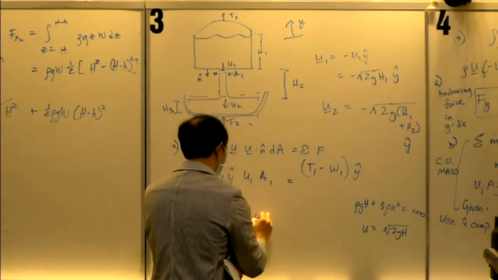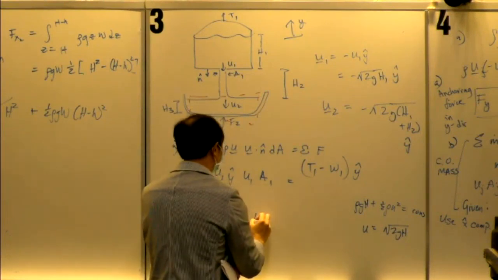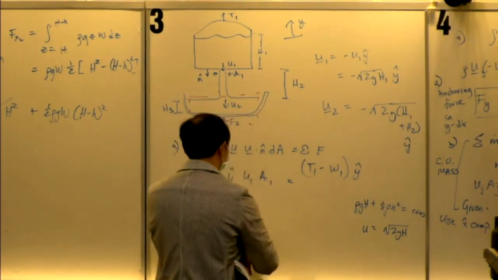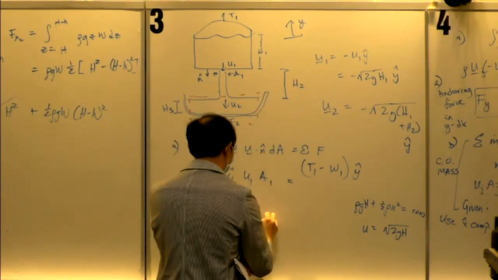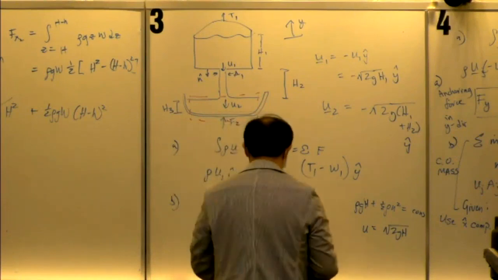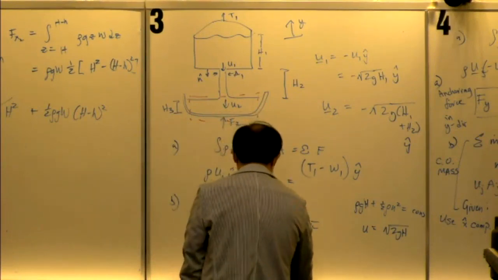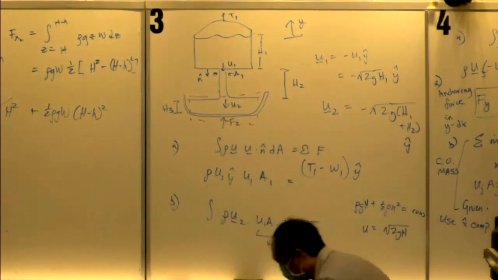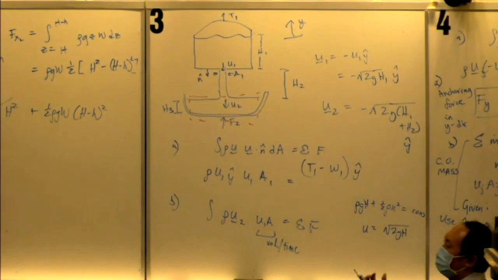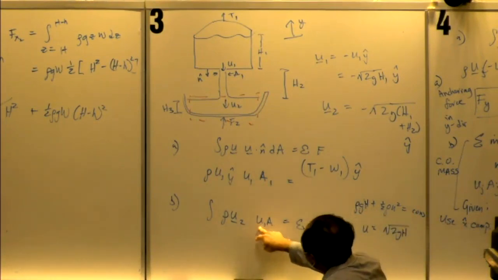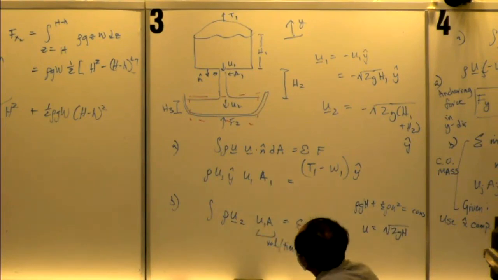We got u1 times a is equal to the sum of the forces. This is basically the volume per time that's coming in. So that's why they use that. So each of the fluid velocities has this amount of momentum, but the amount of fluid that's coming in is given by this one. Does that make sense?